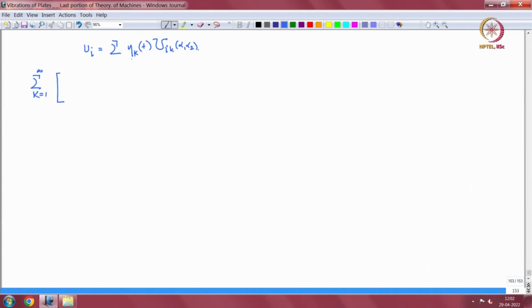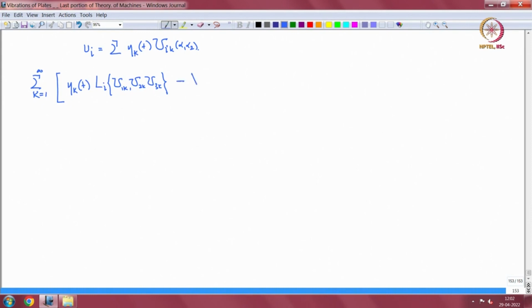Now the operator L_i operates on space, not on time, so eta_k will fall out and the operator will work on u_1k, u_2k and u_3k, because all three displacements are there in one equation.